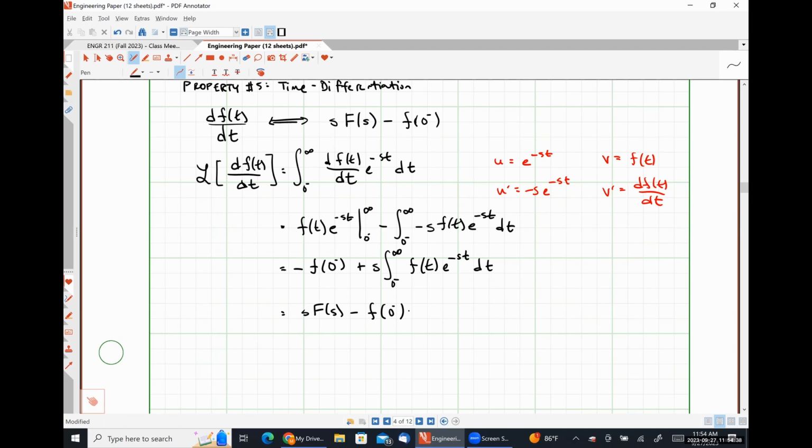We can generalize this for further derivatives by just doing this process over and over again.